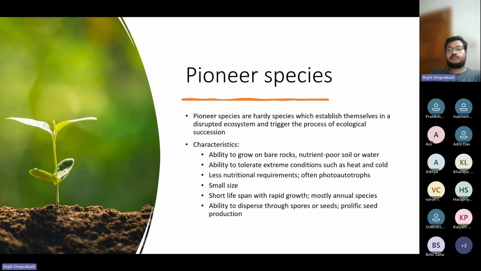This is generally in the form of spores or seeds, because spores and seeds can tolerate harsh climates and harsh conditions. And when the conditions are favorable, these can give rise to organisms. They also have prolific seed production. So they produce a lot of seeds and they generally spread very far. Okay.